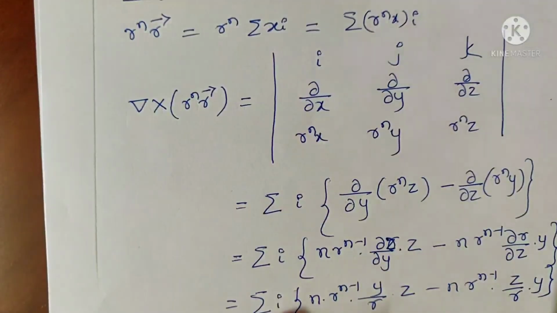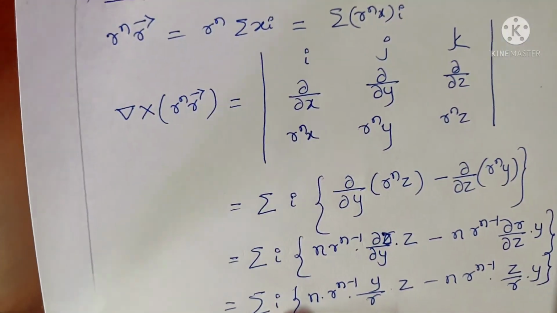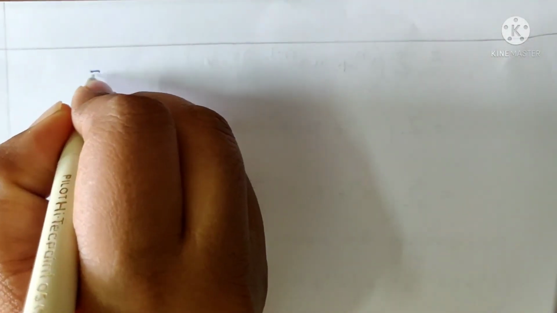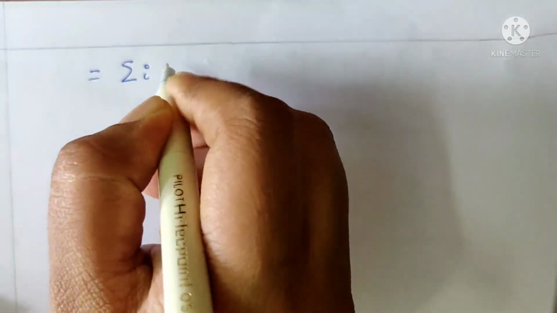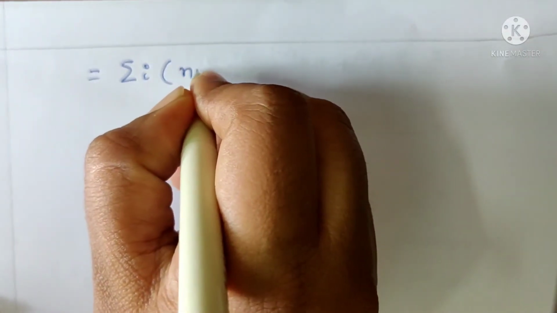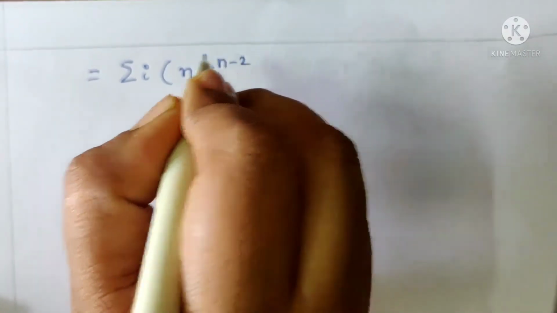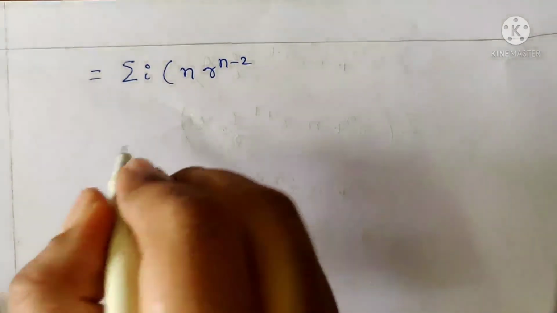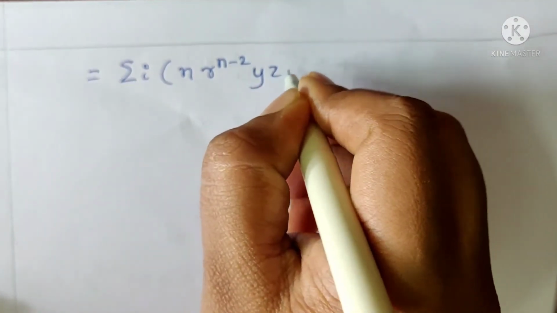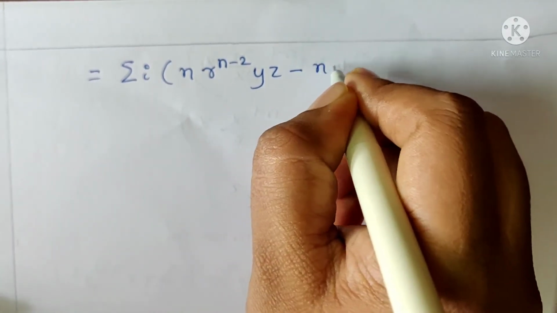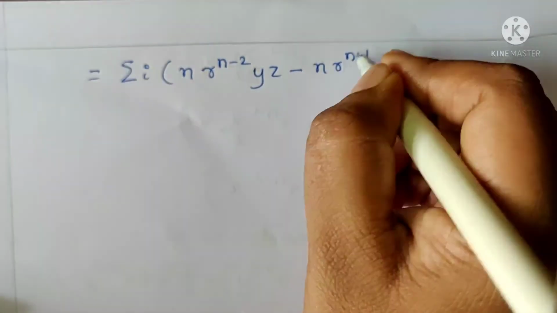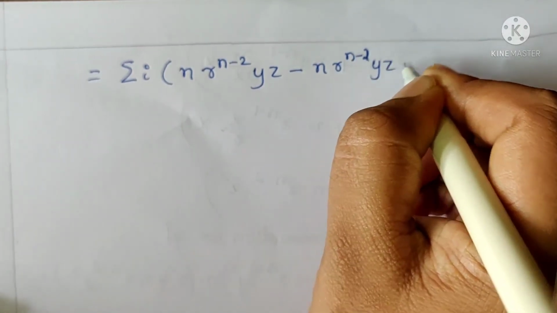So now it is equal to summation of i into n into again r raised to n minus 2, bring the denominator r into numerator, so you are left with y into z minus n into r raised to n minus 2, again y into z.